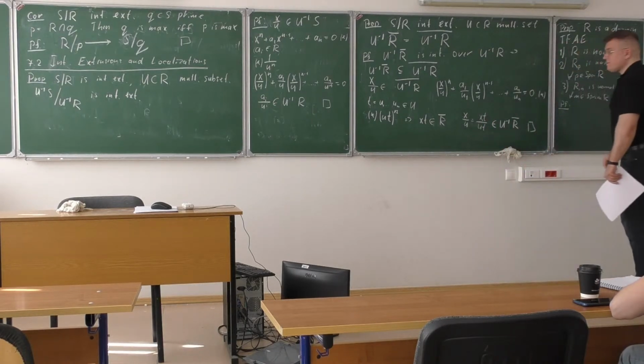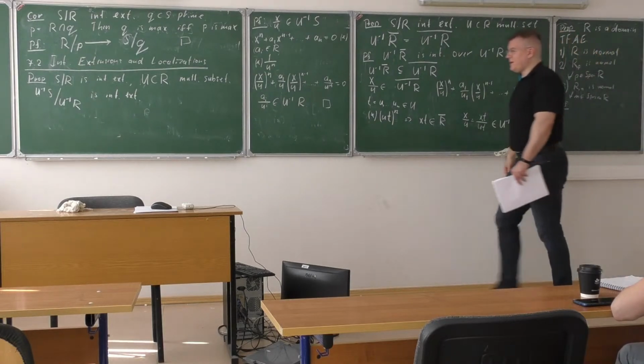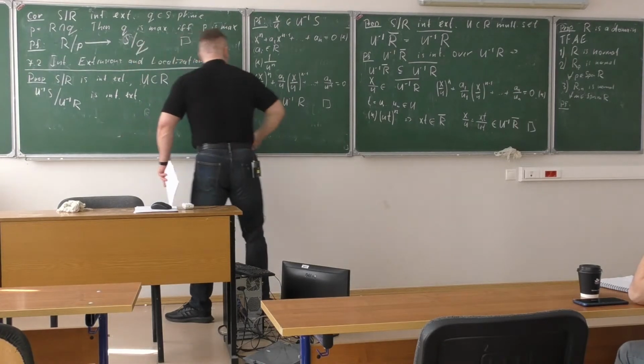Okay, do you see how to prove this? This should remind you of when we discussed stalkwise properties, local properties. For example, you know that you can check exactness locally, so you can just combine what we know about exactness with what we do here.